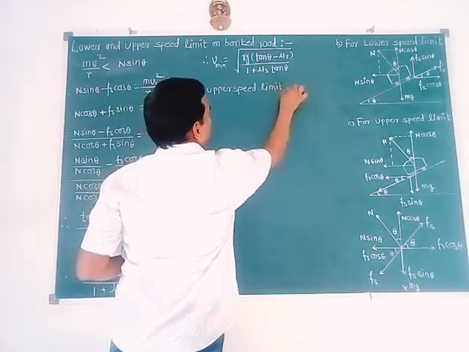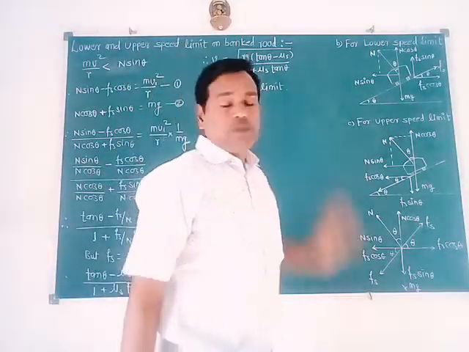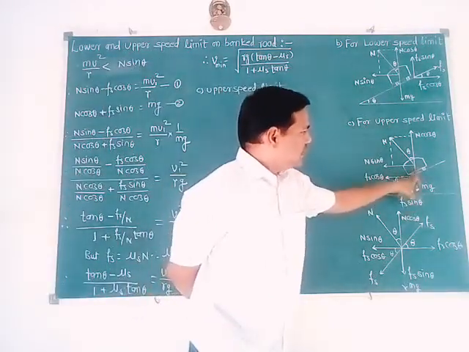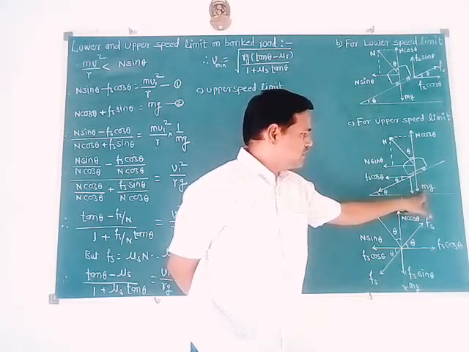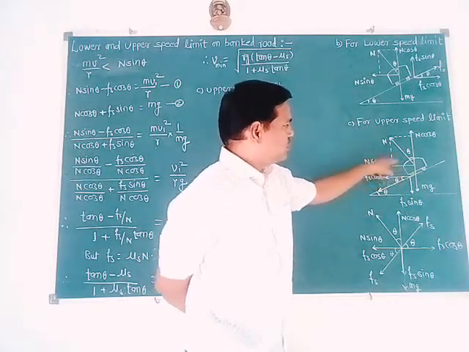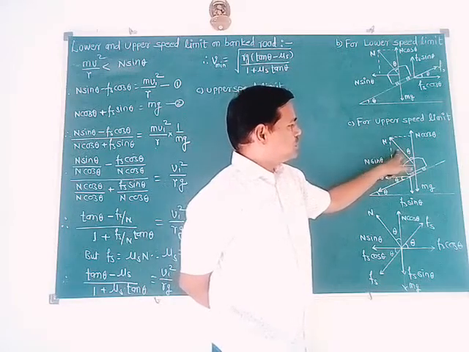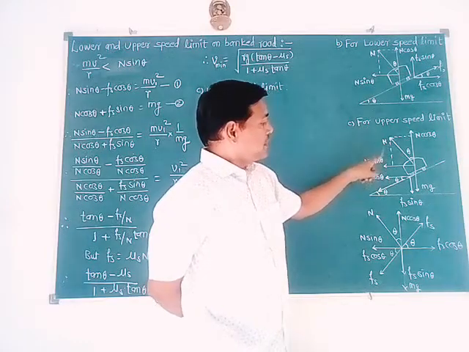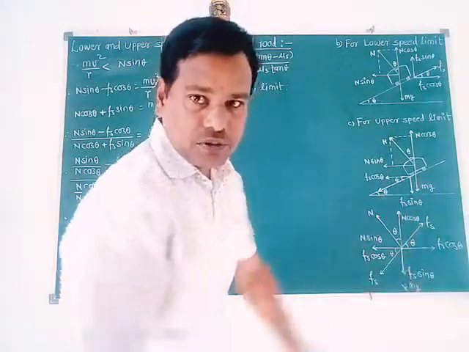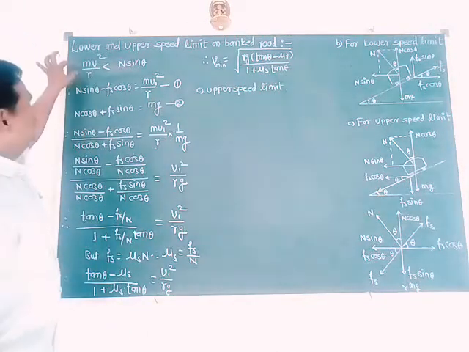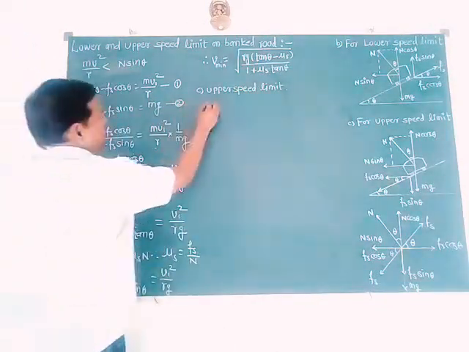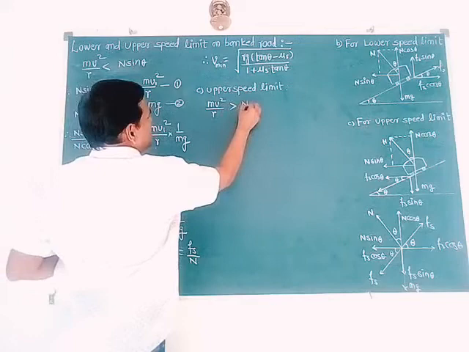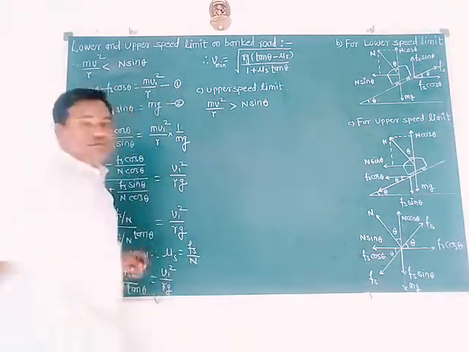speed limit. To obtain the upper speed limit of vehicle, consider the same figure here. Here again, for vehicle of mass m, its weight is acting vertically in downward direction, normal reaction perpendicular to inclined surface, resolution of normal reaction: upper component n cos theta, horizontal component n sin theta. In addition to this, for maximum safety speed, in this case, mv square upon r must be greater than n sin of theta.